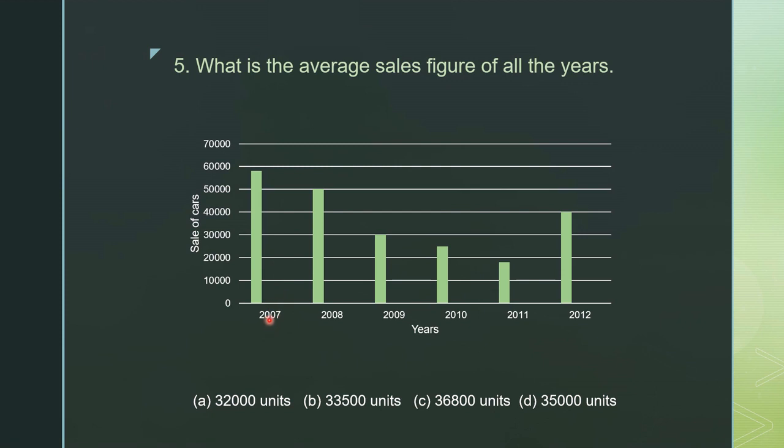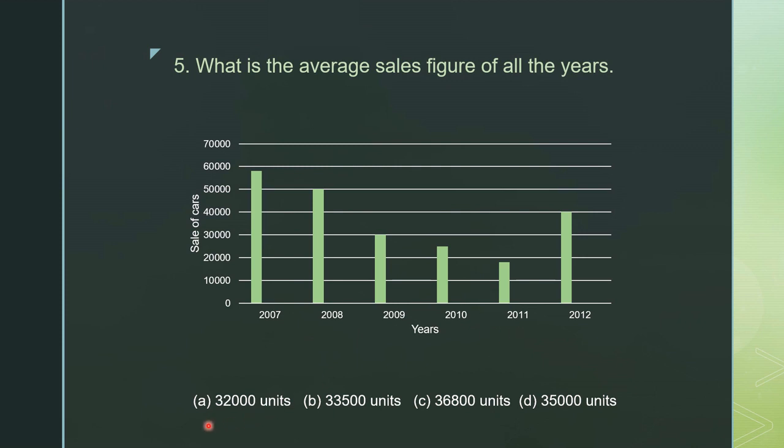The number of years means 7, 8, 9, 10, 11, 12. The number of years is 6. So first we add all the values, and then we divide this sum by 6, because here we are given 6 years.